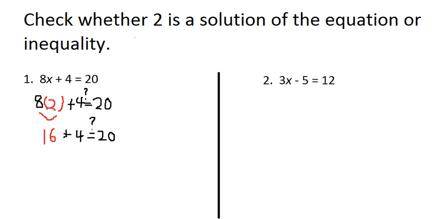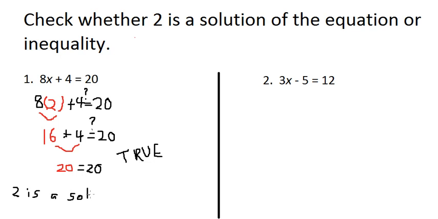And then our final step here, we're going to do 16 plus 4, and indeed 16 plus 4 is 20, and so we end up with 20 equals 20, and this time we don't need a question mark above our equal sign because we know that 20 does equal 20. So what we got right here is true. That is true that 20 equals 20. And so our answer is that 2 is a solution.